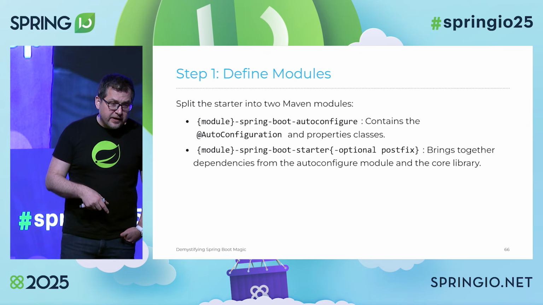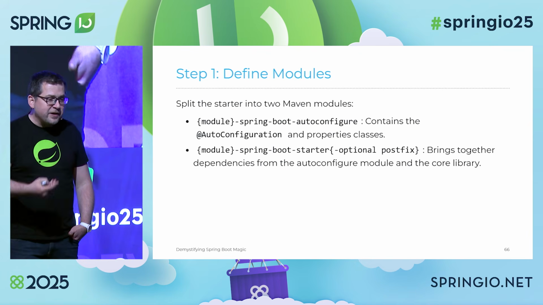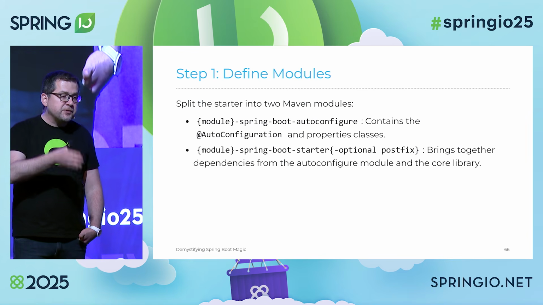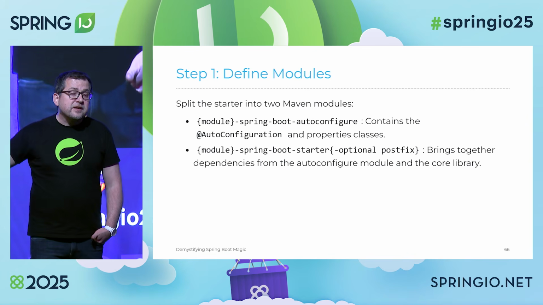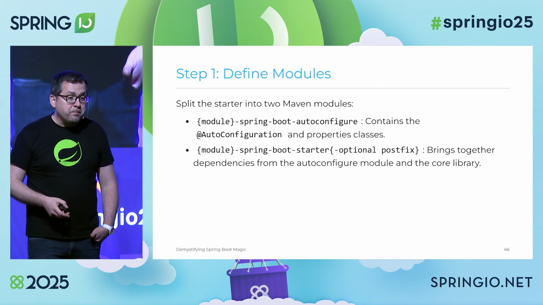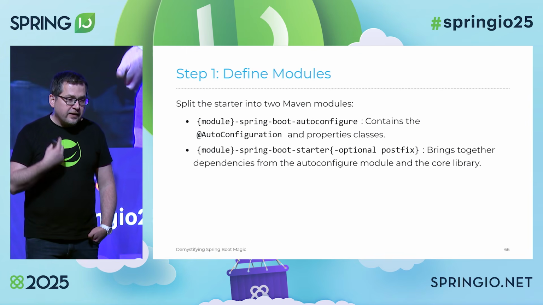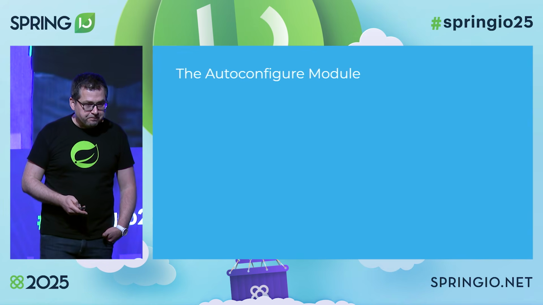For the starter itself, if you have multiple starters on the same thing, like for example Spring AI does, they also added the module name spring-ai, and then you have spring-boot-starter for vector stores. Then you have this kind of optional postfix if you want to, right? But the module name should always be in front. It tells the others that it's a custom thing, not from the Spring team, and they do not support that.